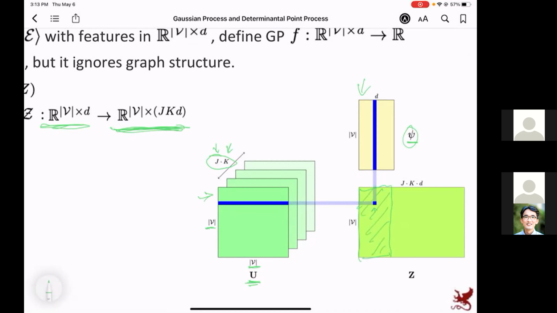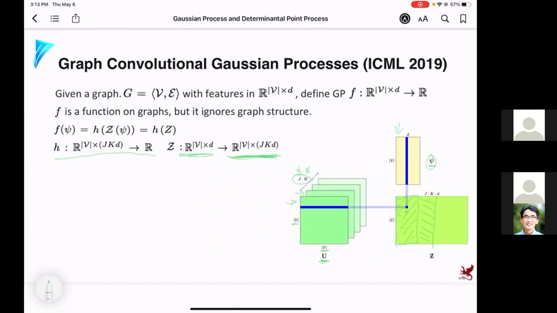And then I can take the second slice of U and then get this part. So in this case, it's like we manually defined some U function that allows us to capture the interaction between nodes. And then using that together with the original node feature phi, we get this Z representation of each node, which contains both node feature information and graph structure information.